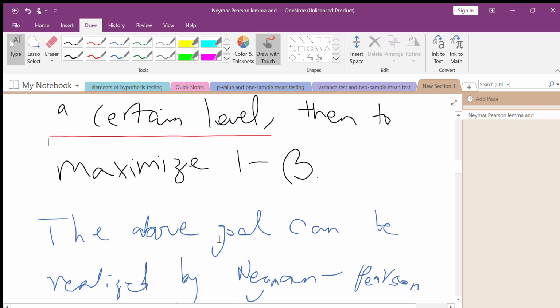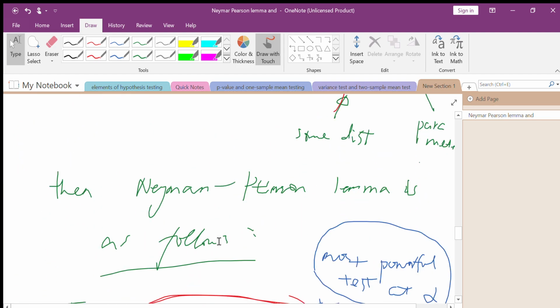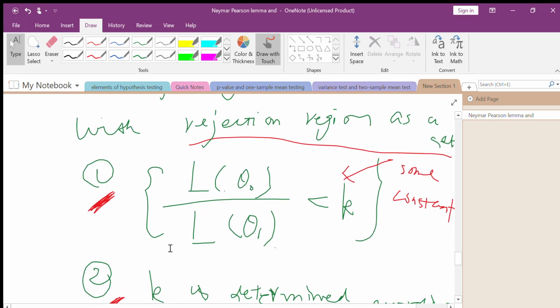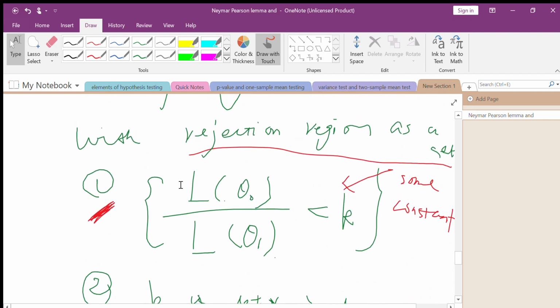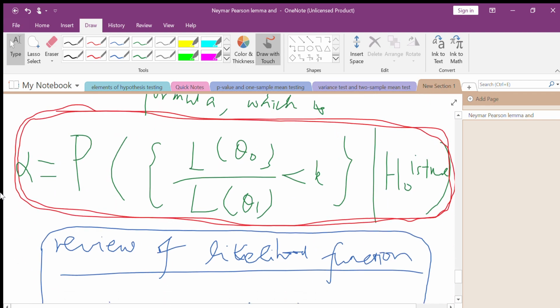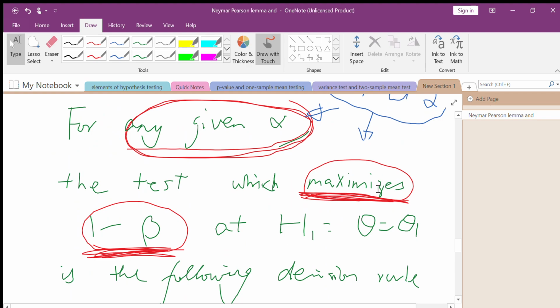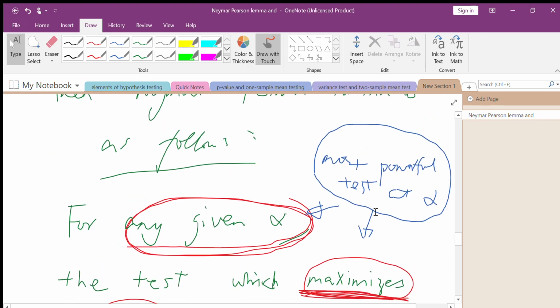The Neyman-Pearson lemma told us that we can use two steps. First step, write the rejection region as such a set. And second, determine k by this formula. Then for any given alpha, we can find the maximization of 1 minus beta, and we call such a test the most powerful test at alpha.